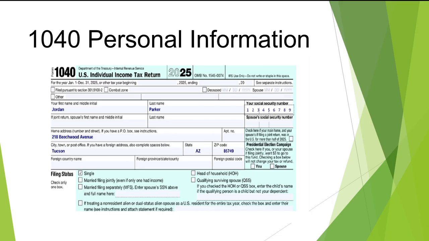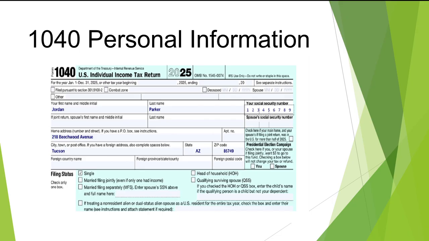Jordan is single. He does not need to fill in the first name and last name of a spouse, because there is no spouse. His home address should be correct. If there's an apartment number, that should be entered. Same thing with city, town, or post office, and the state and the zip code.